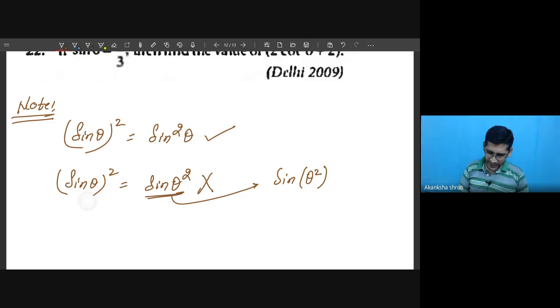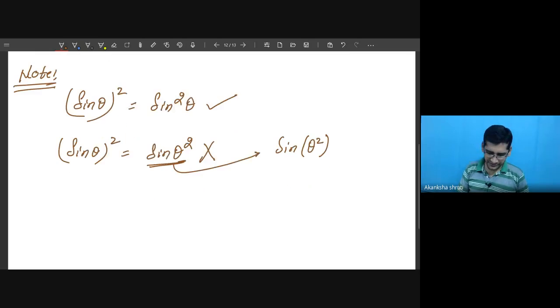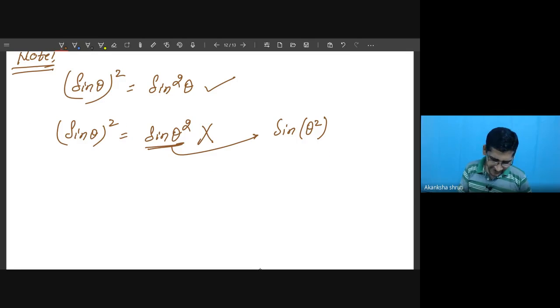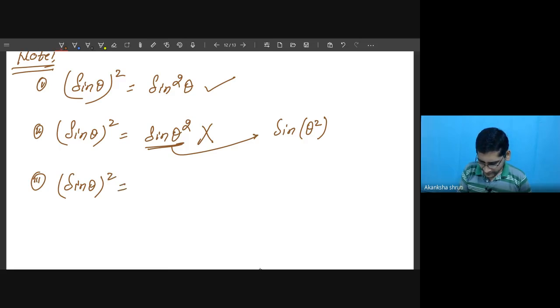Okay, so this sine square theta doesn't mean this. Another one, many a time a student is thinking like this also. Say sine of theta square means it is like sine square and theta square. Again, this is wrong. Okay, student, what does this mean?